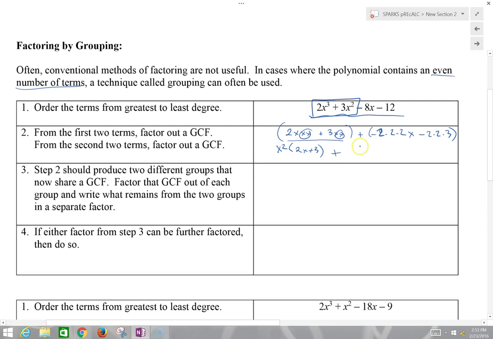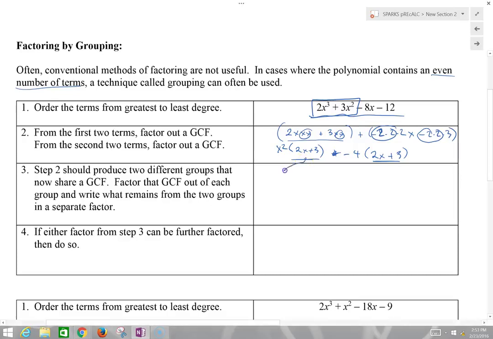And then over here, what we have in common is a negative 2 times 2, which is negative 4, so negative 4. And what we have left is 2x plus 3. See this term in here? We end up with two different groups that now share a greatest common factor.